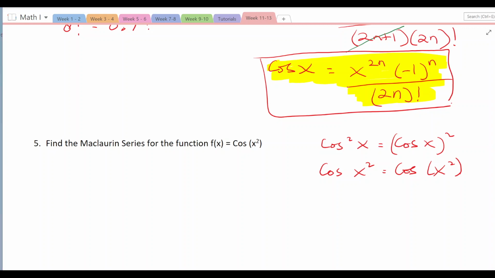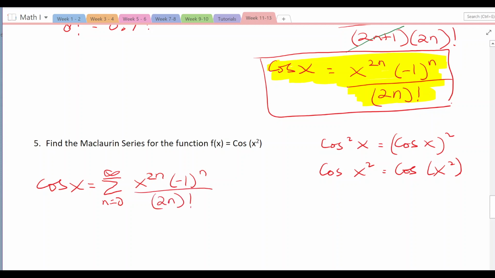We know that cos x equals the sum to infinity of negative 1 to the power of n times x to the power of 2n, over 2n factorial.